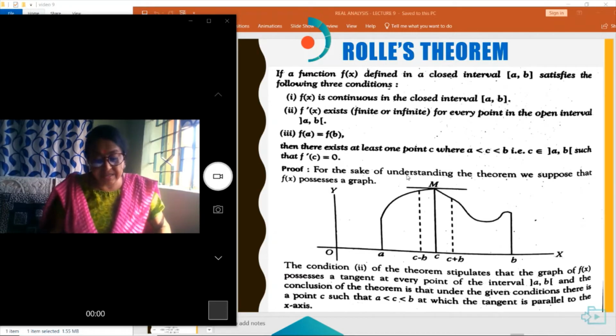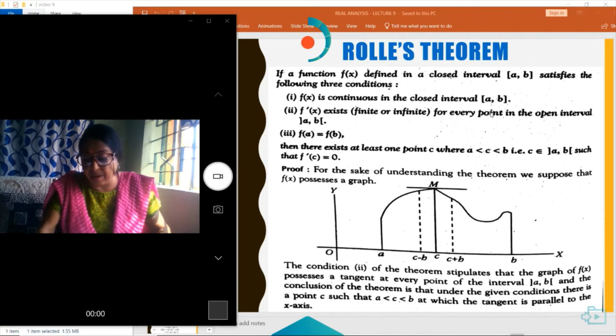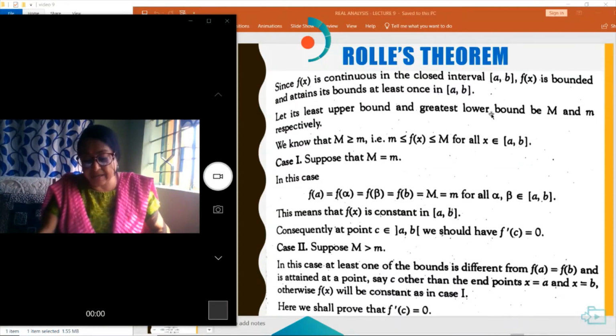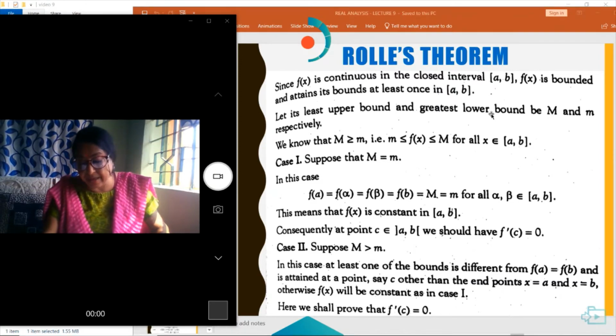Since the function f(x) is continuous in the closed interval [a,b], f(x) is bounded and attains its bounds at least once in [a,b]. Let the least upper bound and the greatest lower bound be capital M and small m respectively.